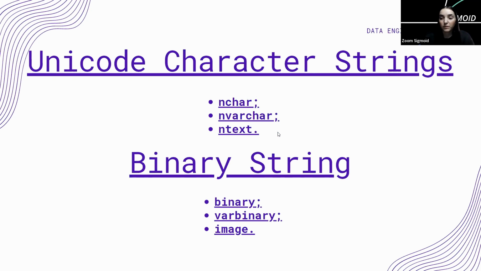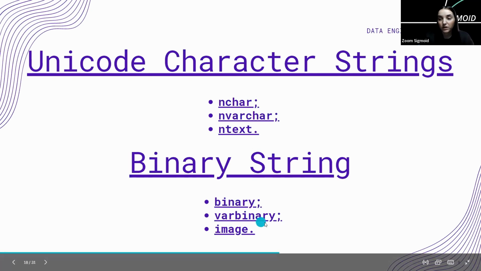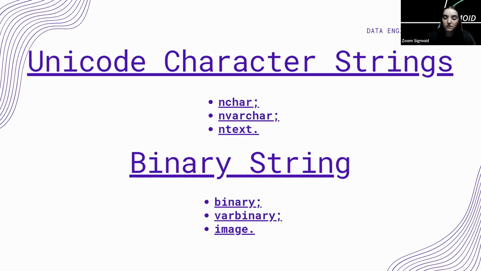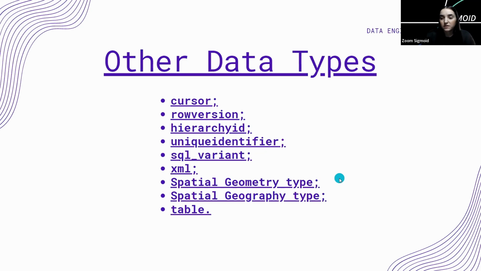The next one is binary strings. The binary strings data types store fixed and variable length binary data. For fixed, we have binary. For variable length, we have varbinary. And also images are stored with this data type. Let's go next to the other data types. They're more exotic.